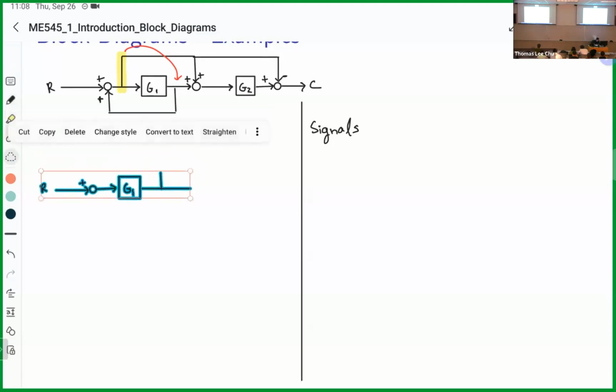Here, if I look at the signal, I don't have G1. But now that G1 is in the way, I have to divide it by G1.